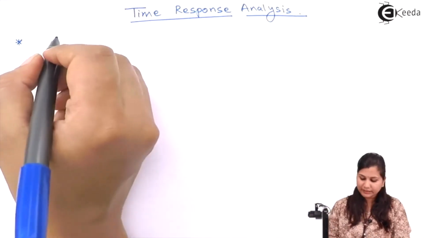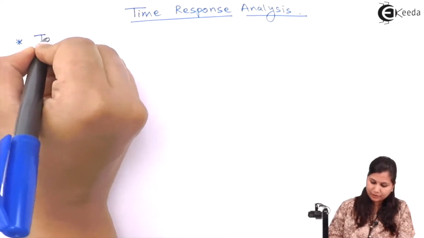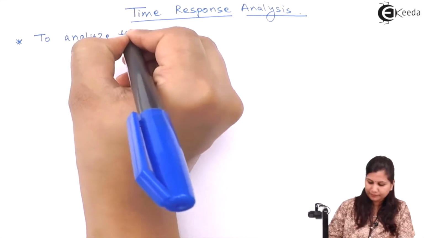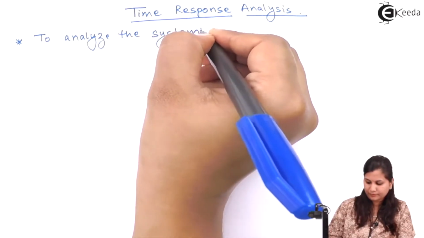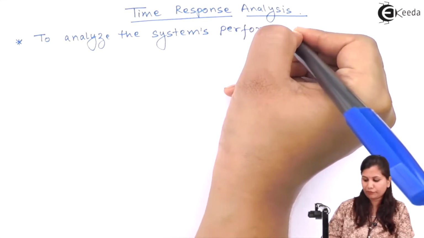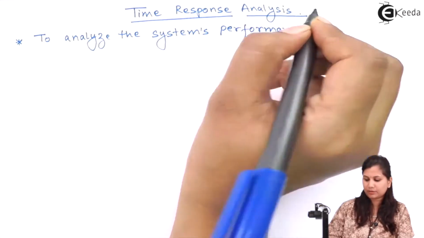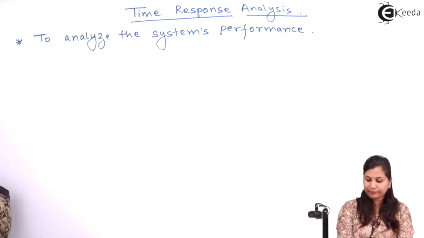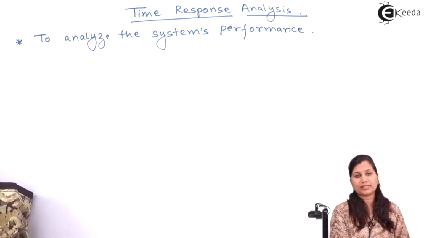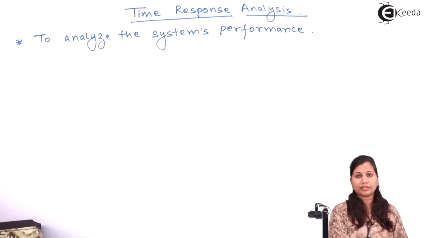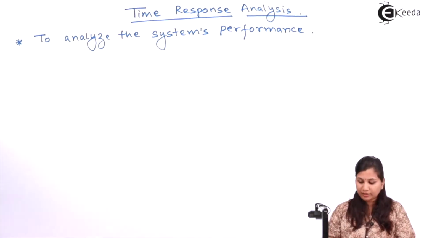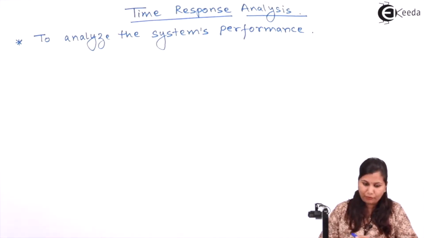Why are we using the time response analysis? To analyze the system's performance. It is one of the methods of analyzing the system's performance. Nowadays time response analysis is very important. It is the first major step which is done to analyze the system performance.